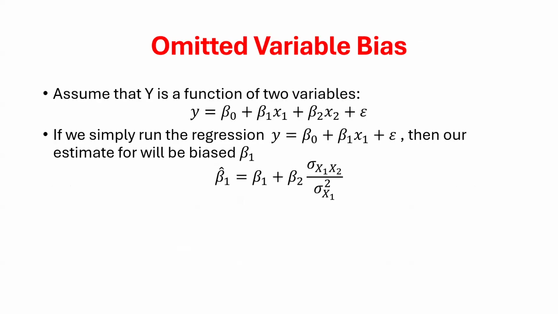But if I estimate beta 1 and I leave out this important variable x2, so that's what the regression equation should be, but I left out x2. I've omitted this variable. If I run just that simple linear regression, the estimate I see for beta 1 will include the true effect of that x1 variable, but also what would beta 2 represent?